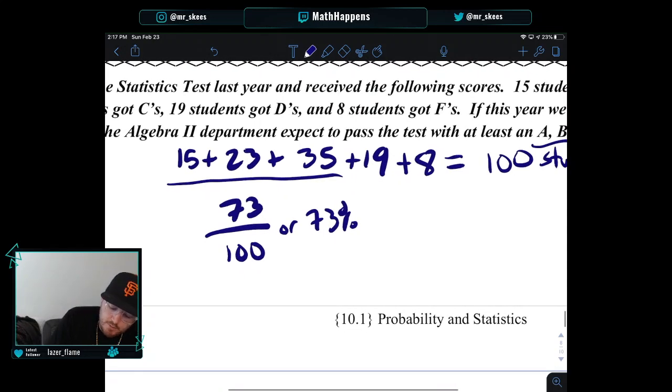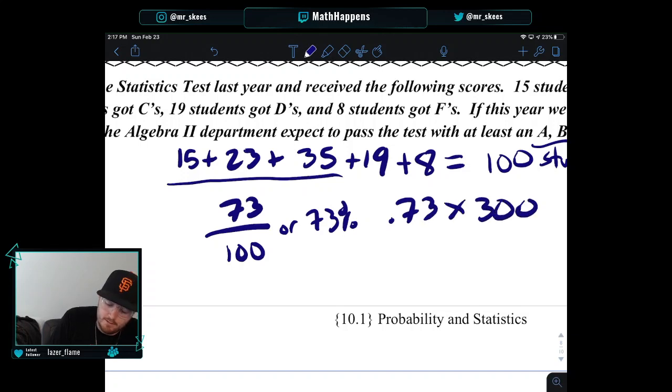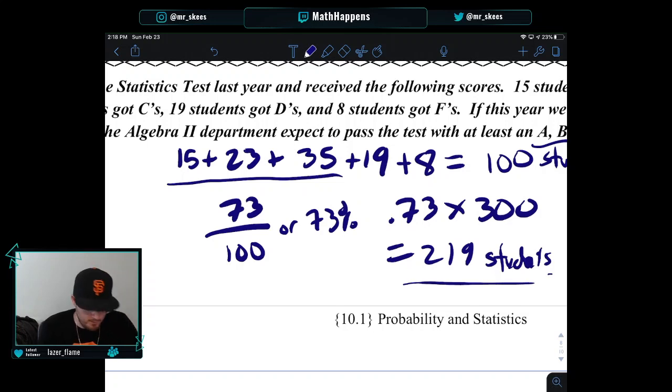So 73% of 300 is 219 students. Does that make sense? I mean, hopefully that makes sense. Right? We're just using it as a prediction. If 73% could do it then, why can't 73% do it now?